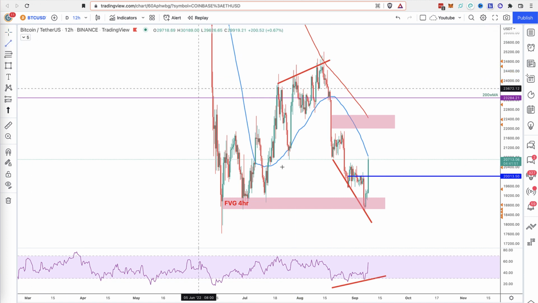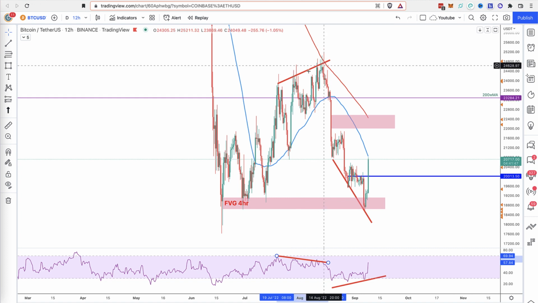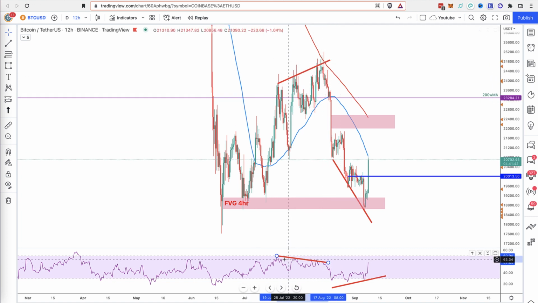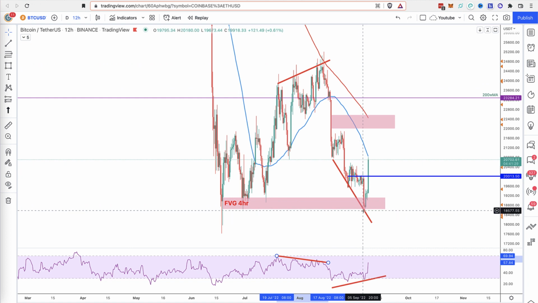So when I made that video in real time, that ended up being the top because it just didn't confirm the upside continuation. The RSI was telling us, look, the strength is getting weaker, even though there's these pushes with the price going higher, and that was a signal for much lower, and that ended up taking us from 25,000 to just about 18.5.